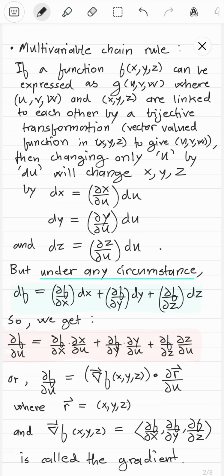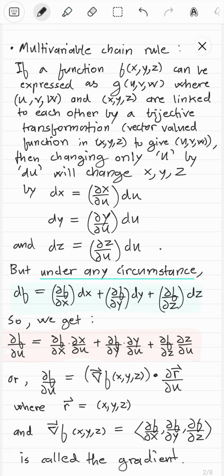But under any circumstance, even if you were not just changing u but doing all kinds of crazy stuff, in any case you can write df is equal to partial f upon partial x times dx plus partial f upon partial y dy plus partial f upon partial z dz, because given x, y, z, you can completely figure out the value of f. There's no need for any other variables, right?